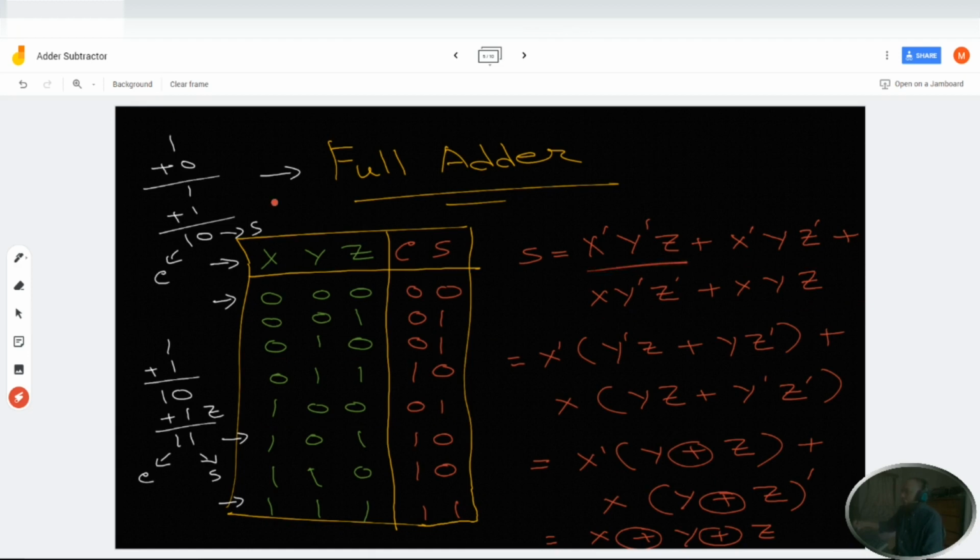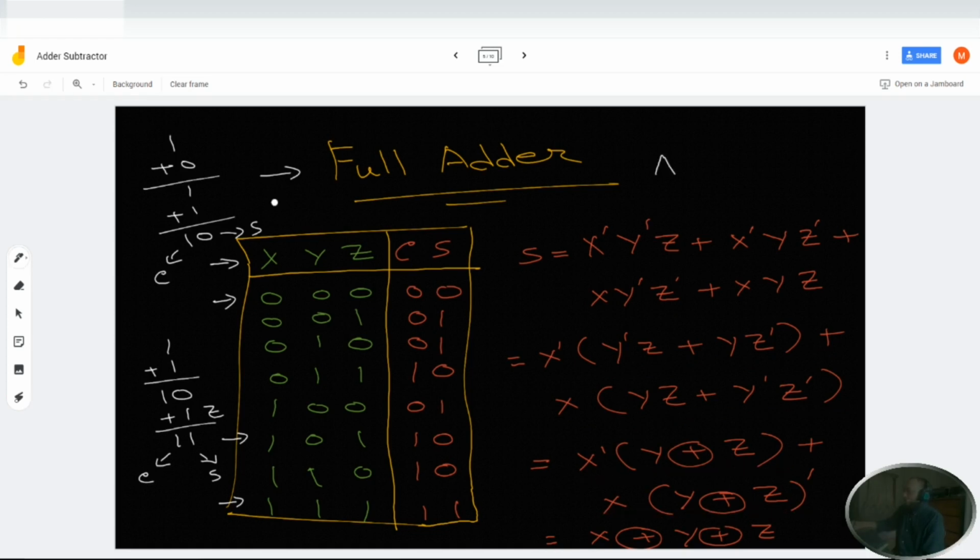For this term and this term we have x prime common, so we can write x prime into (y prime z plus y z prime). Similarly for this term and this term we have x common, so we will write x into (y z plus y prime z prime). And we know this is the expression for y XOR z, and this is the expression for y XNOR z, so we can write like this.